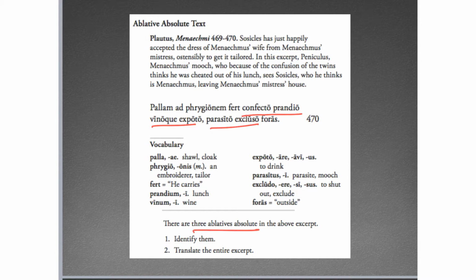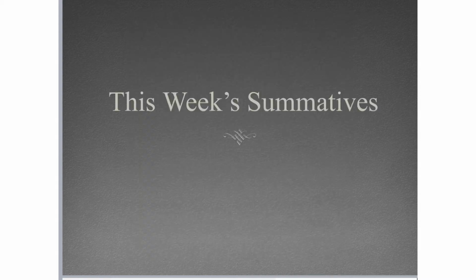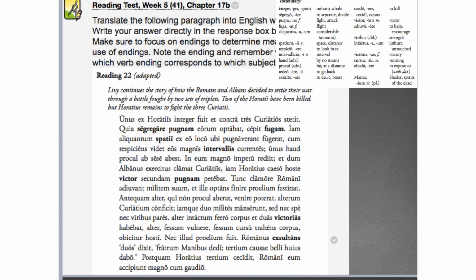The non-kidnapped twin is traveling the Mediterranean trying to find his long-lost brother. He unwittingly arrives in the town where his brother lives, and because they are identical twins with the same name, they are mistaken for each other throughout the course of the play until, of course, at the end, they are brought back together. All right, so let's take a look at this week's summatives.